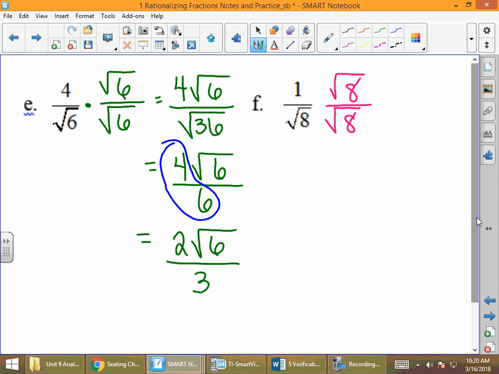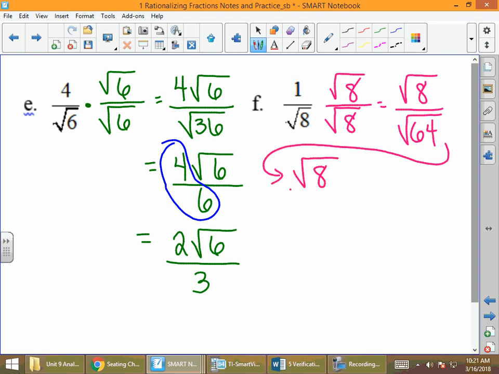When we do, we end up with the square root of 8 divided by the square root of 64. 8 times 8 is 64. Notice they're both still in the radical. But as our goal is to get rid of the radical in the denominator, this becomes the square root of 8 over 8.